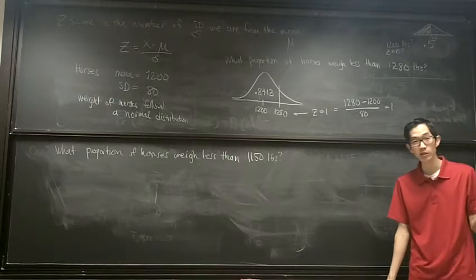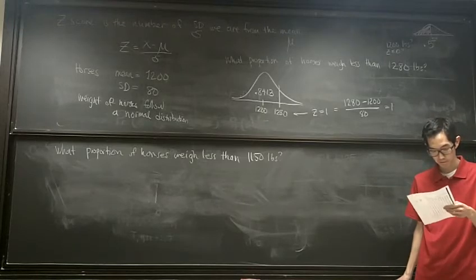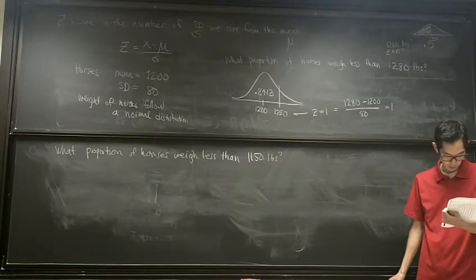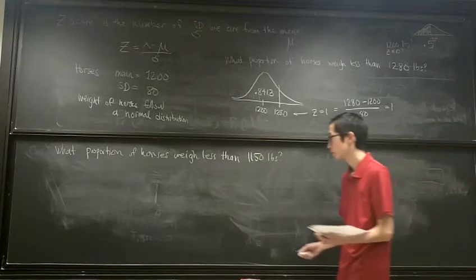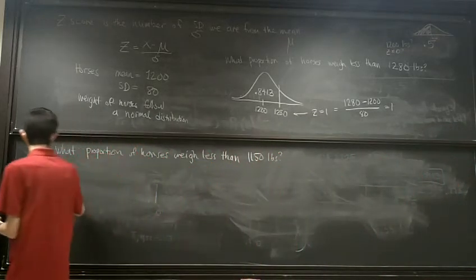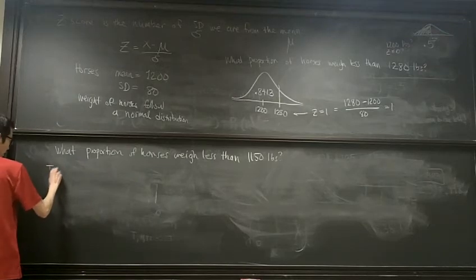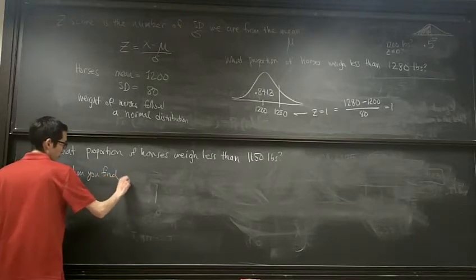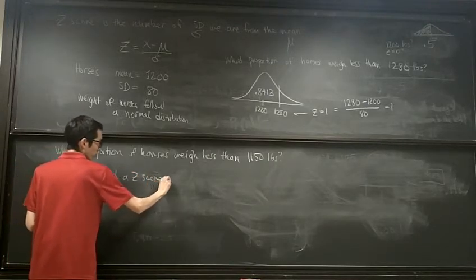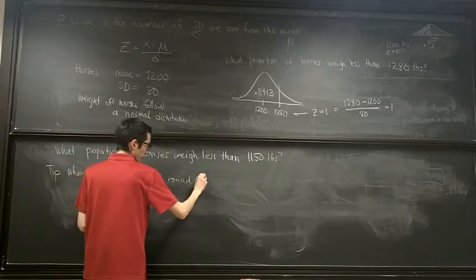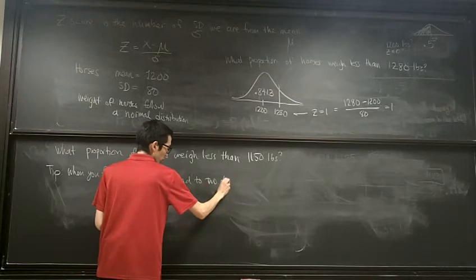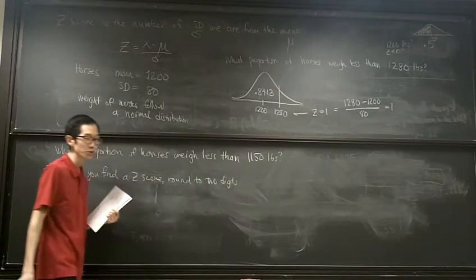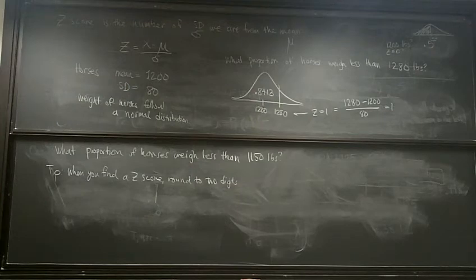You're going to have to do some rounding to look things up in the table. So here's a tip. This is the only time I recommend rounding to 2 digits, only for z-scores, because we're only dealing with this chart.